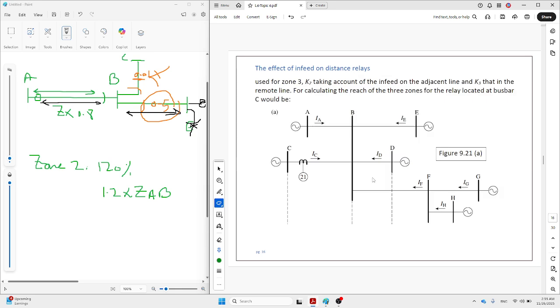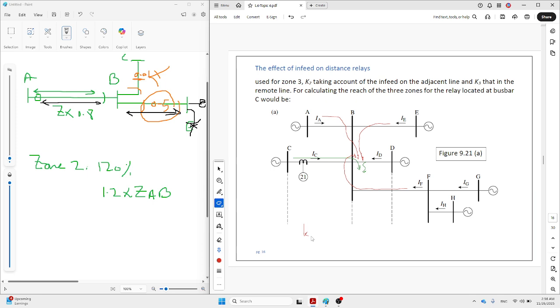So let's see this example. Assume we have a fault at this point and the relay is here. So IC is coming here, correct? What else is feeding the fault point? IE also coming, correct? IA from this relay coming, and IF also.